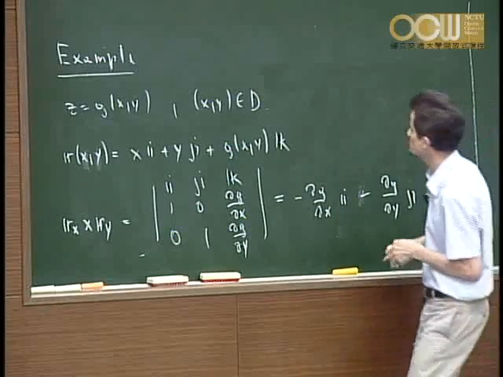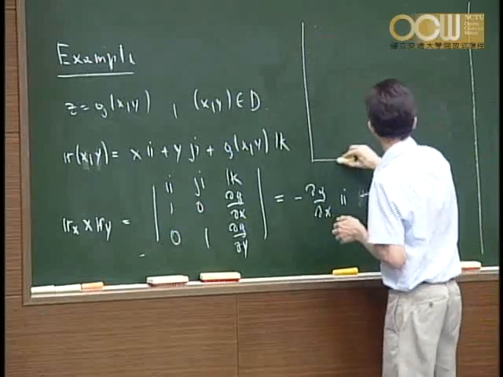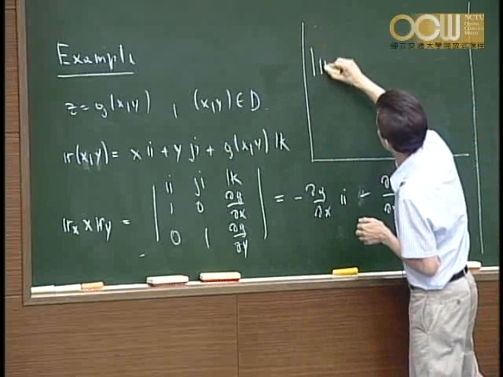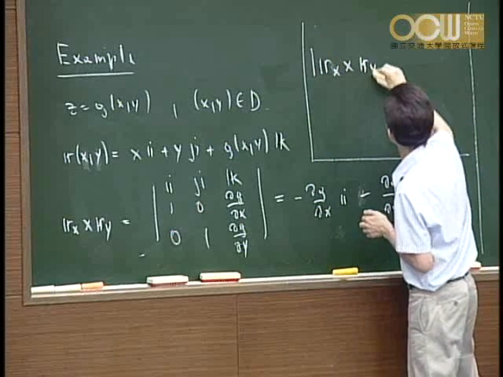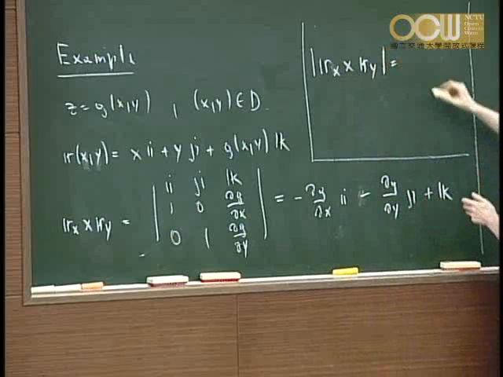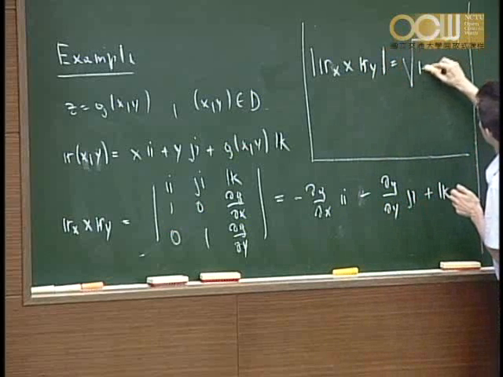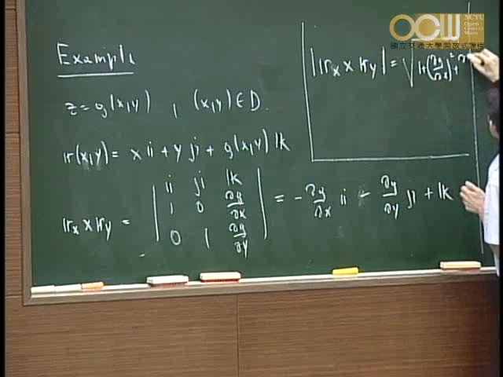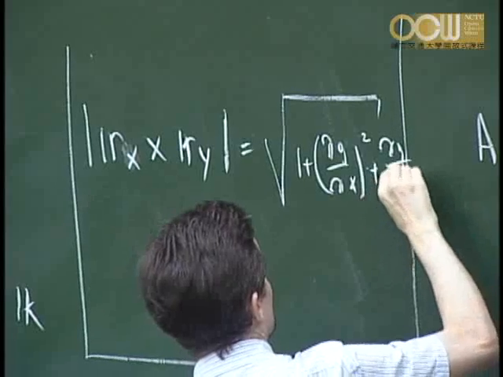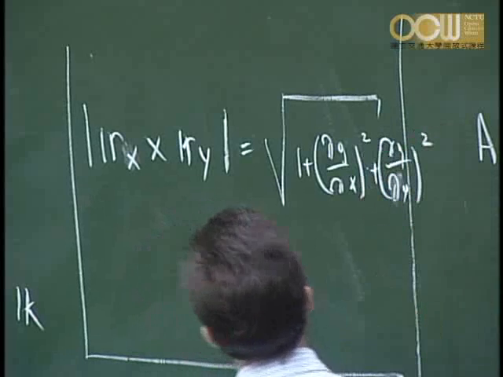So you see that in this special case, the length of this vector just becomes the square root of 1 plus the partial derivative of g with respect to x squared plus the partial derivative of g with respect to y squared.